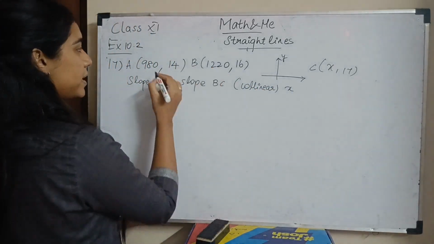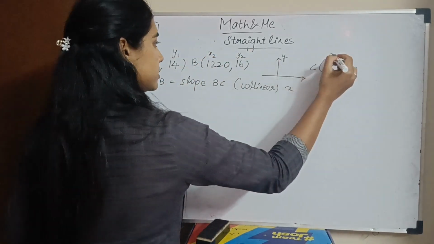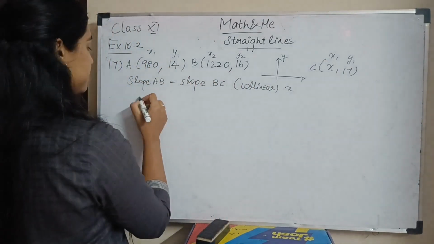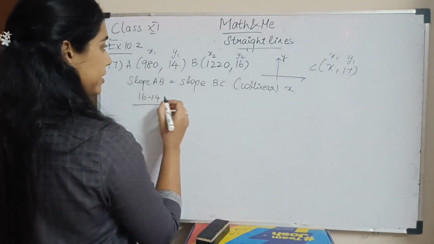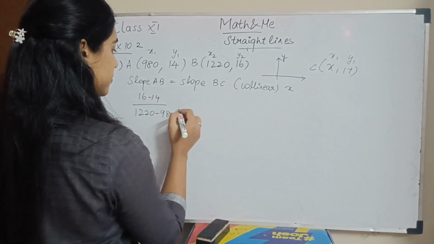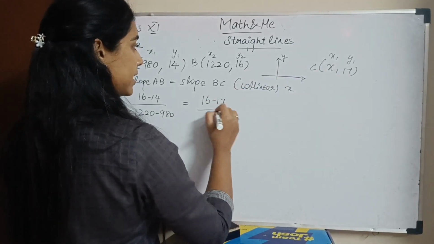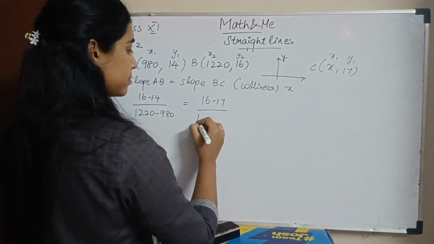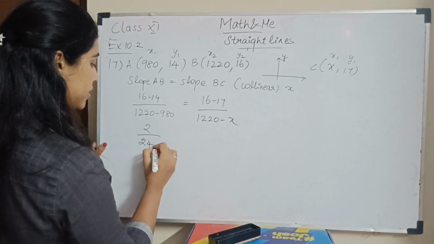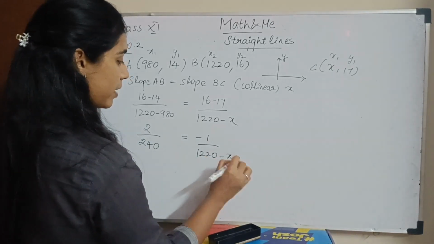So what is slope AB? This is x1, y1, x2, y2. So y2 minus y1 divided by x2 minus x1 equals y2 minus y1 divided by x2 minus x1. We have 2 divided by 240 equals minus 1 divided by 1220 minus x.